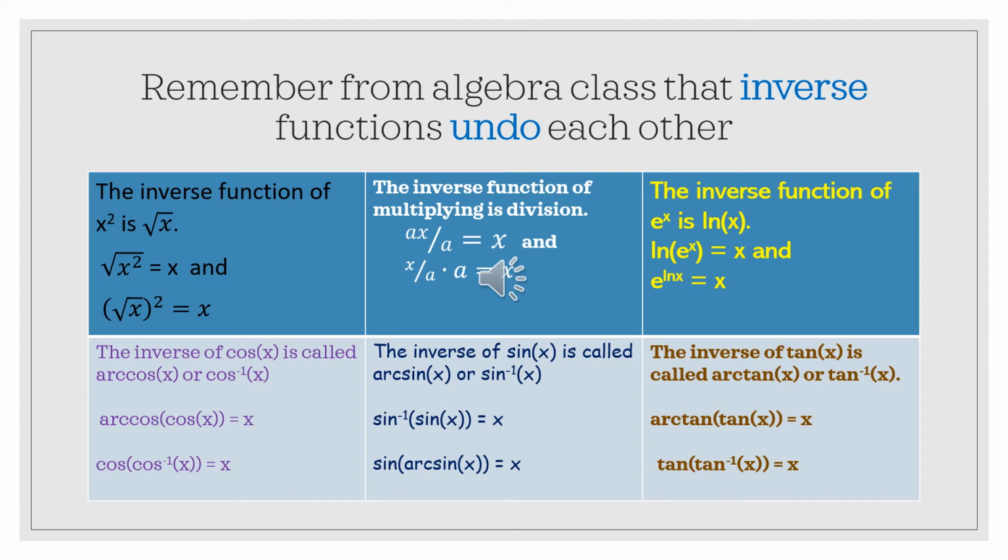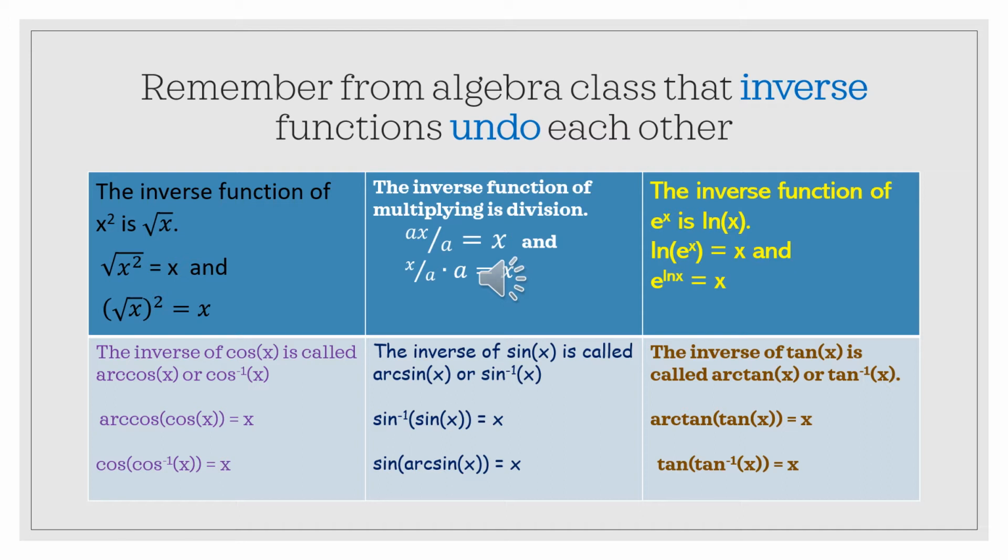And the notation for the inverse function is either arc cosine, arc sine, and arc tangent, or you can use a little inverse symbol by putting an exponent of -1, but you don't want to read it as an exponent of -1. Instead, you want to read it as the notation for the inverse function. Your TI graphing calculator is going to use that as the notation on the calculator buttons. However, Excel and some other programming languages are going to use the arc notation.